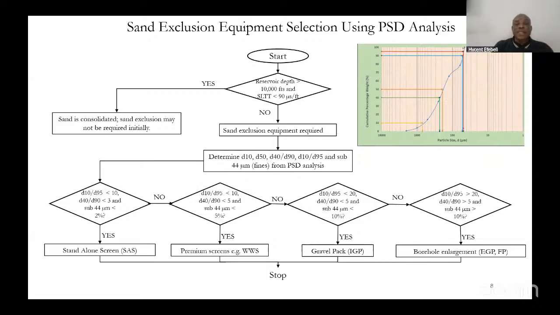So you look at, is the formation deeper than 10,000 feet subsea? The depth of the formation. Then you also look at your sonic log transit time. Is it less than 90 microseconds per foot? So if you combine those two pieces of information, you can decide that, okay, let me complete this well without a sand control mechanism. But where you need it, then you need all those uniformity coefficients and the different percentiles that I've displayed here to choose the kind of sand control mechanism that you are going to use.